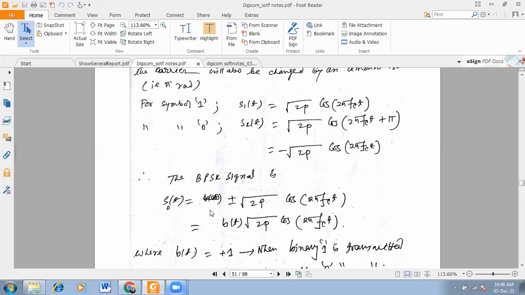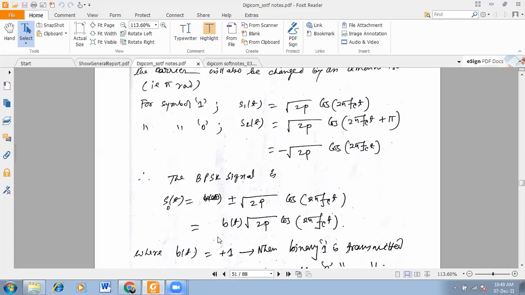So combined, we can write plus or minus root 2P cos 2 pi f_c t. Now assume plus or minus 1 is b(t). So b(t) should be plus 1 or minus 1 corresponding to the bit available. If it is logic 1, b(t) should be plus 1 volt. If logic 0, then b(t) should be minus 1 volt.